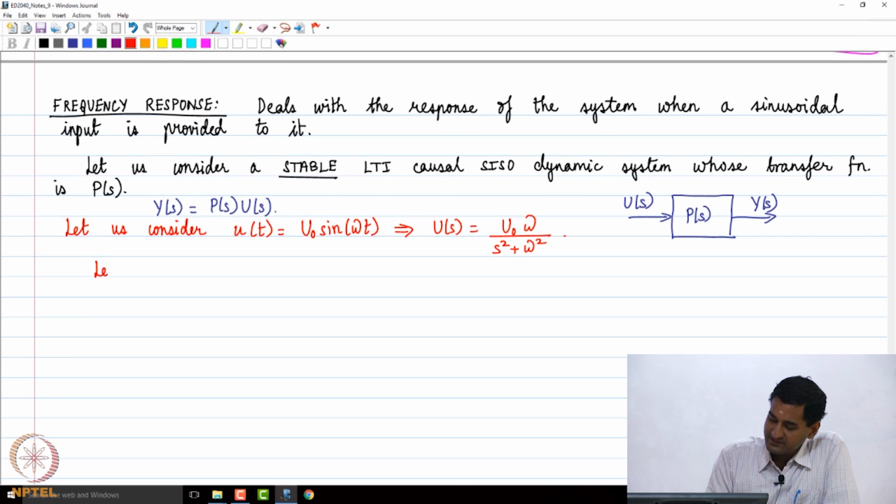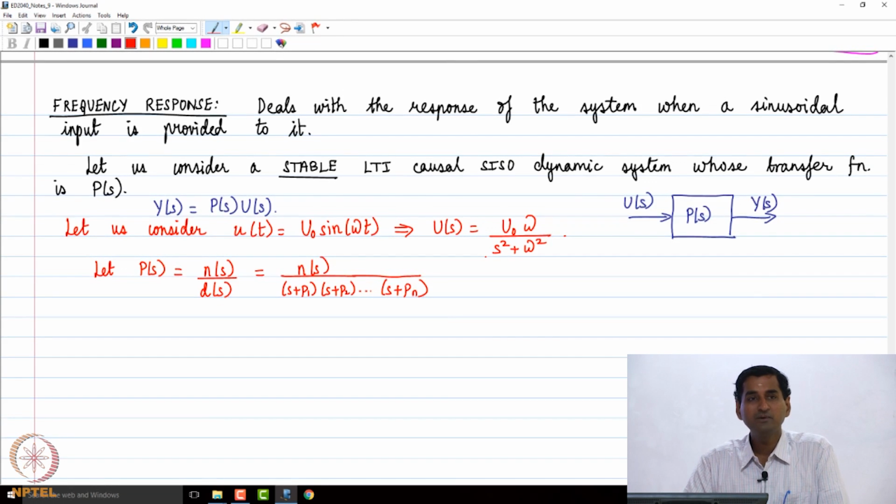And so, let us say P of s be some n of s divided by d of s. So, this I can rewrite as n of s divided by, let us say, s plus p1, s plus p2, up to s plus pn. But what do we know about all the poles of P of s?